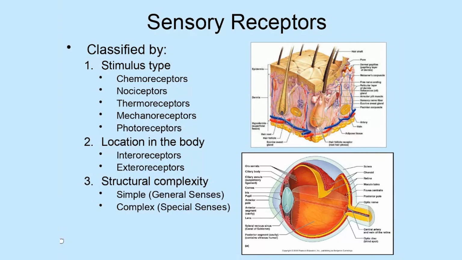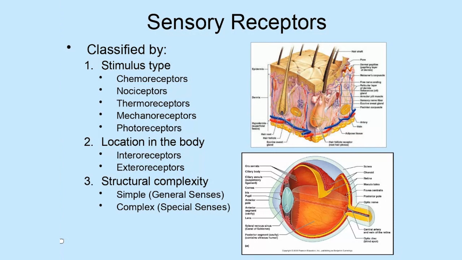The last way that we can see sensory receptors being classified is based on their anatomical or their structural complexity. So I talked about this a little bit previously in the fact that the receptors that we have in the skin that are picking up changes in pressure, so Pacinian corpuscles, Meissner's corpuscles, for example, are really simple in their structure. Really, they're just the dendritic end of a neuron that's enclosed in a capsule.